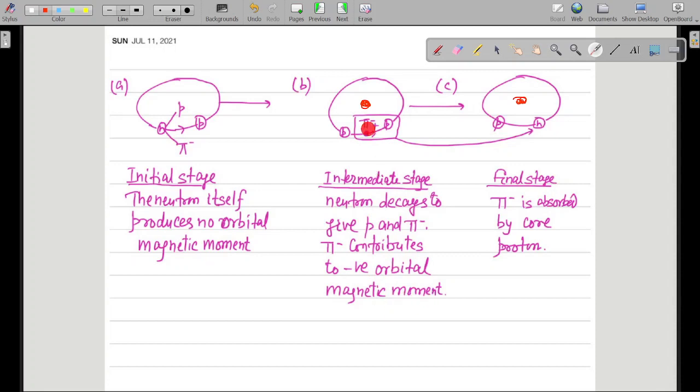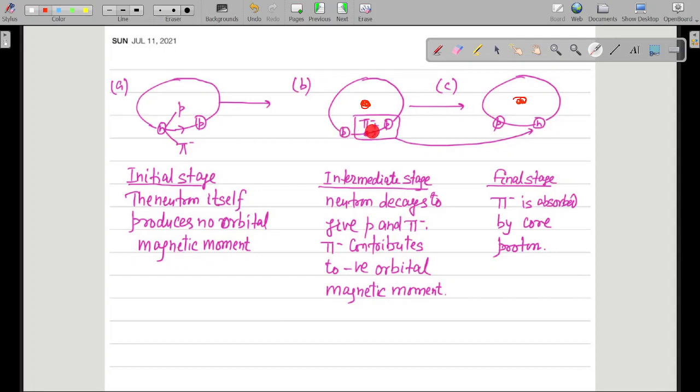This particular particle, as it was very lightweight, because of its low mass had a very high kinetic energy, while this other particle had a very low kinetic energy.